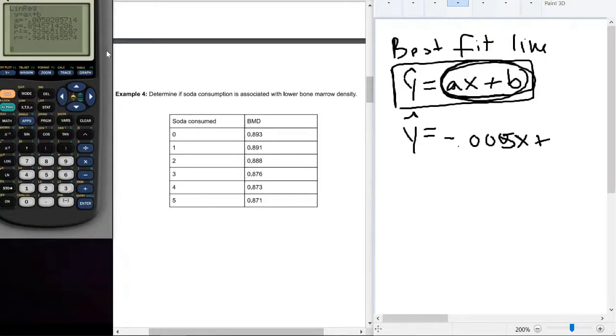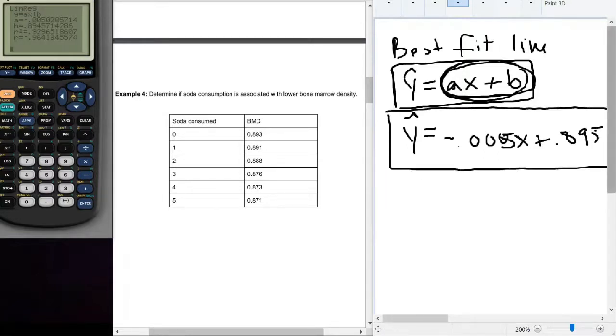The y-intercept is the B, 0.89, let's call it 0.895. What that means is this is the best fit model that best predicts the behavior of this data set.